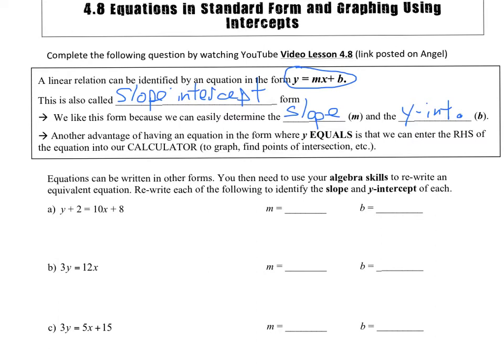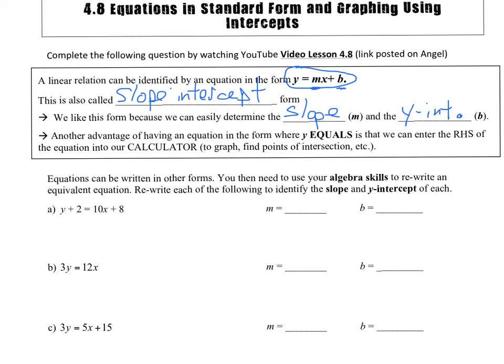And it's so nice to have that because we can draw the line so easily if we know where it crosses the y-axis and if we know the slope, because from that one point we can find many other points and then draw the line nicely.